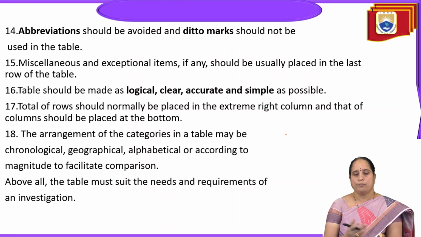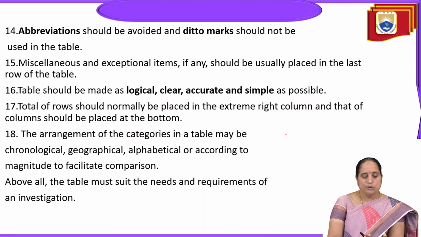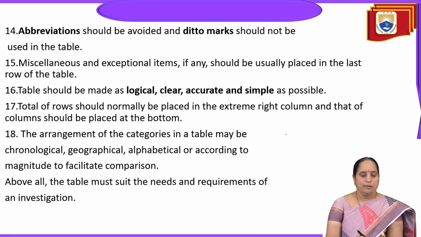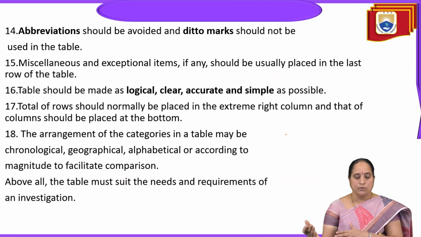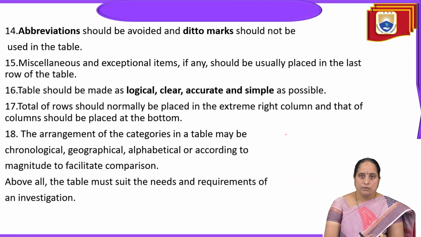And the arrangement of categories in a table may be chronological, geographical, alphabetical or according to magnitude to facilitate comparison. So you can arrange the data in chronological order, or some people prefer to arrange the data in the tables on a geographical basis, and some people prefer alphabetical.